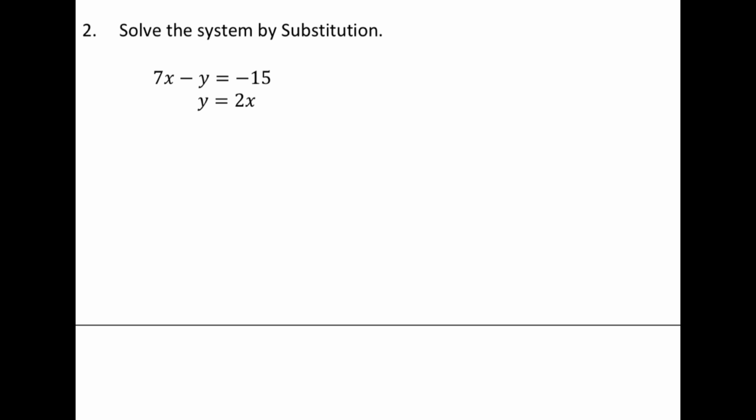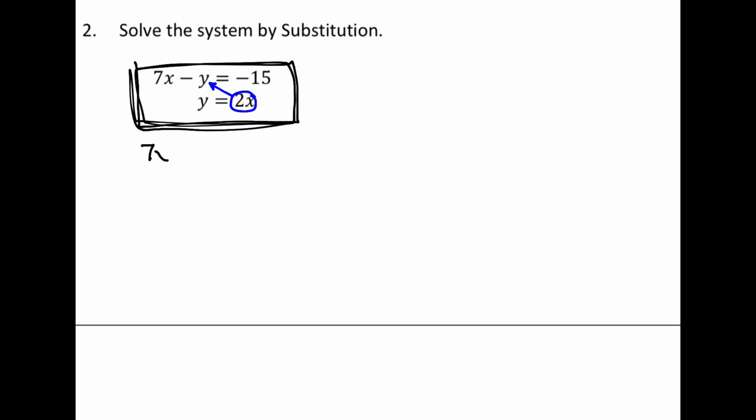Again, the first step, the solve for one variable step, is done. So we're going to take this 2x and put it in here for y. Okay? I'm going to box my original again so that we don't lose it. You won't lose yours, but I might lose mine. So we're going to take this part, put it in there for y.